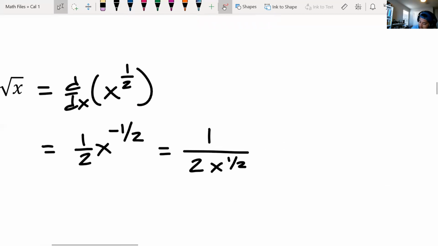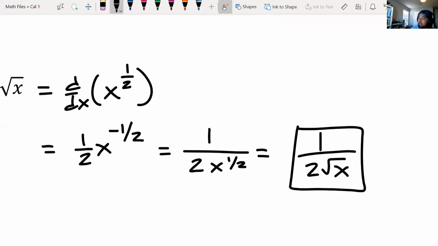Yes, my bad. You could always rewrite it back as just 1 over 2 square root of x. And don't even worry about rationalizing that. You don't have to.